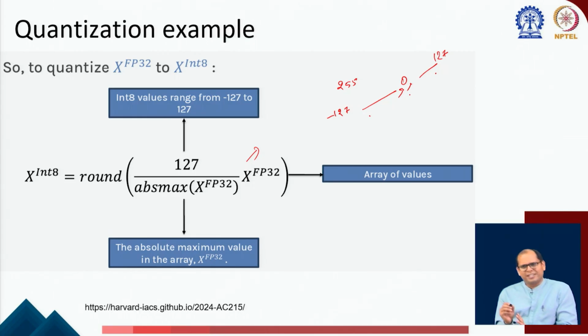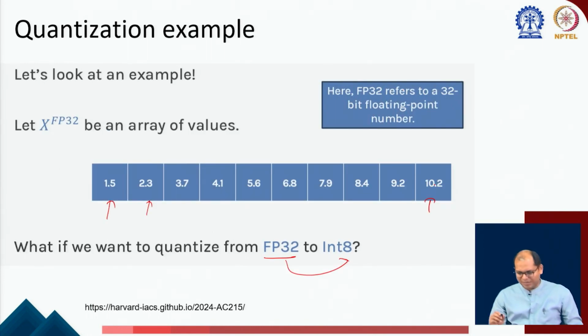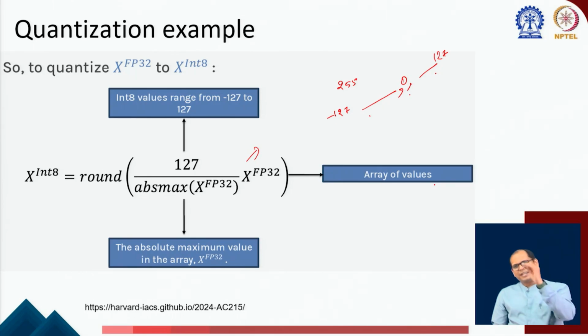So the maximum is 127 at the abs max, the absolute max. You find the absolute max in your actual numbers. Here the absolute max was 10.2. So 10.2 you will scale to 127. So you have 127 divided by abs max, so 127 by 10.2, and then the actual number.